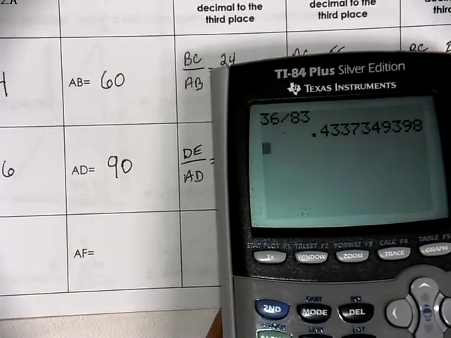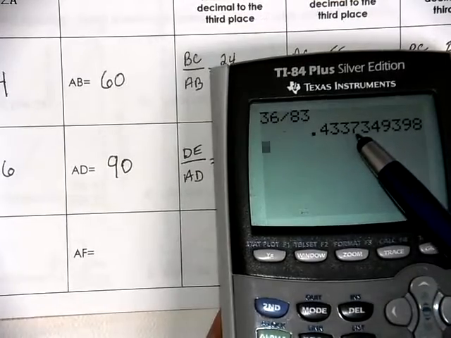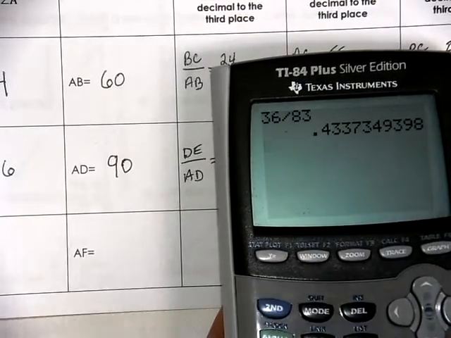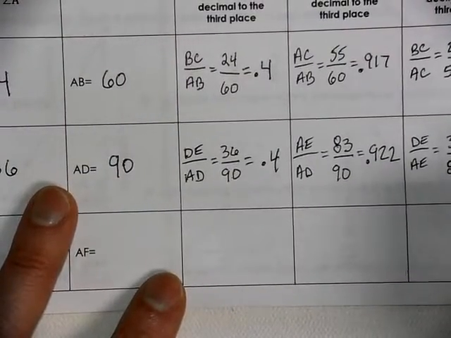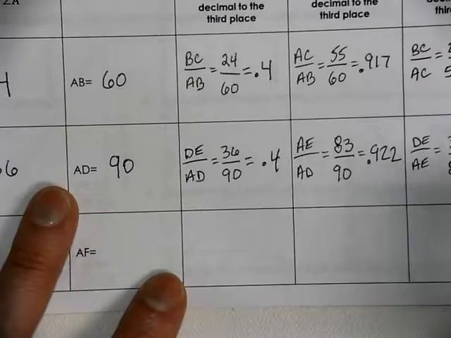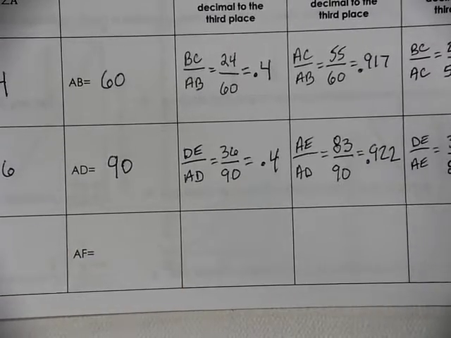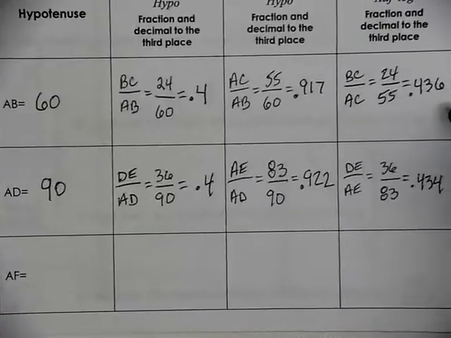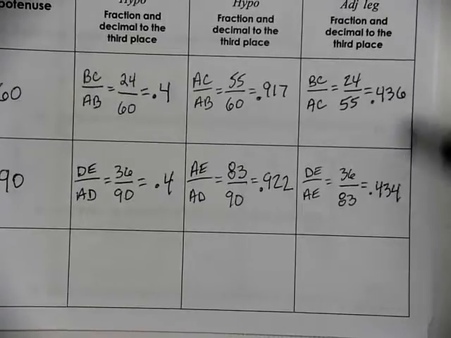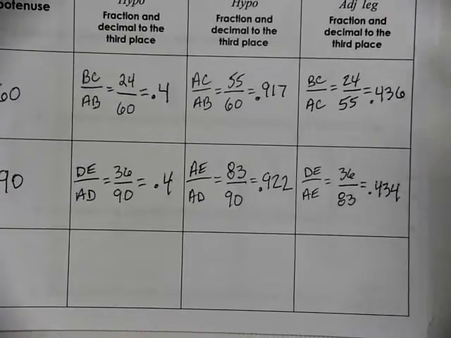That came up to be 0.433. We would round that to 0.434. And again, we are 0.002 away from having that exact value. So that's not too far apart.